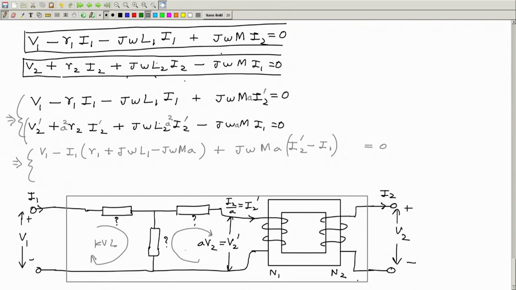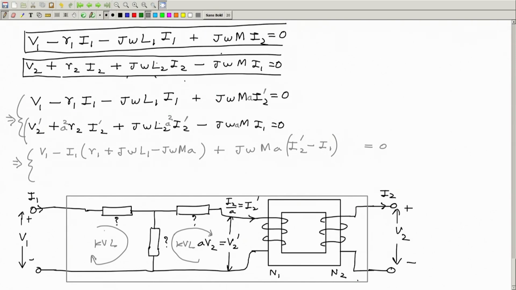So the KVL equation in this will be of the form V1 minus some drop I1 times this impedance, and then here this impedance multiplied by I1 minus I2. So I want to write it in that way. That's why I am doing this manipulation. I'm not doing any magic. I know what I want to do. I want to write two KVLs, and keeping that in mind, I'm manipulating these equations.